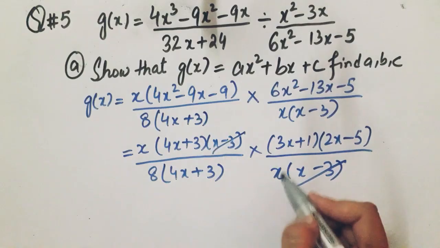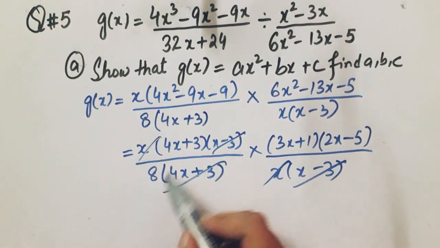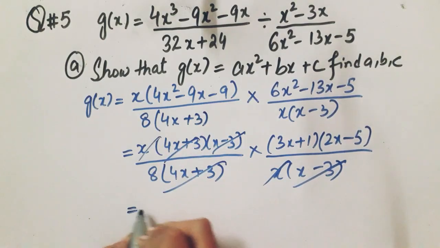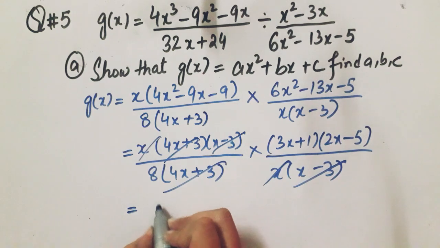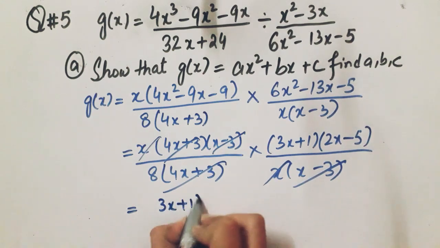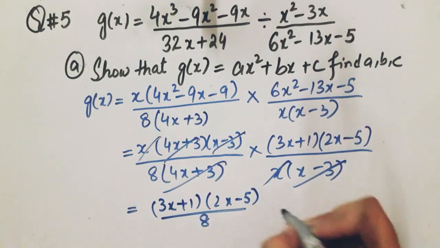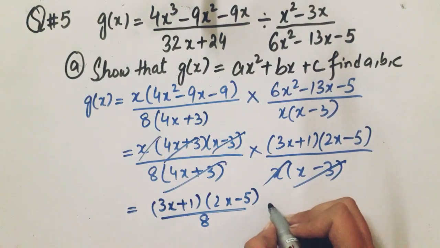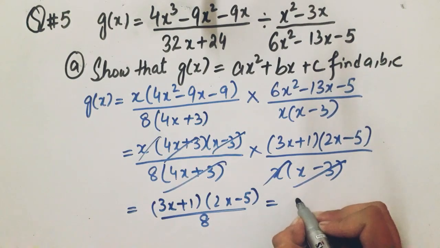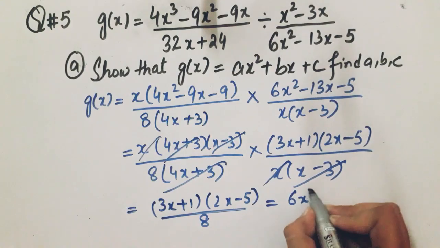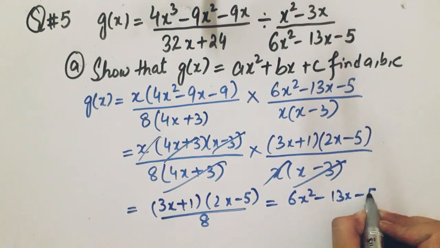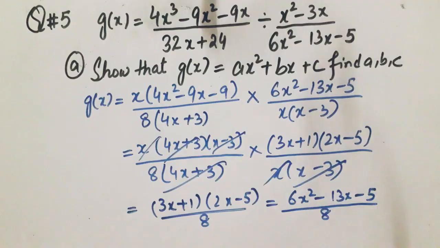x minus 3 cancel out, x and x cancel out, 4x plus 3 cancel out. Remaining is 3x plus 1 into 2x minus 5 divided by 8. So by multiplying this, we will get 6x square minus 13x minus 5 divided by 8.